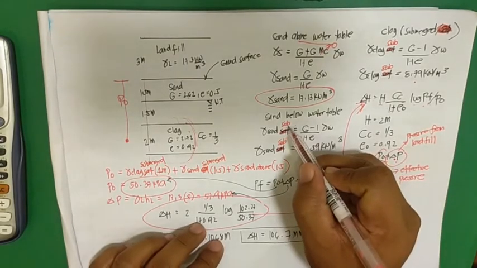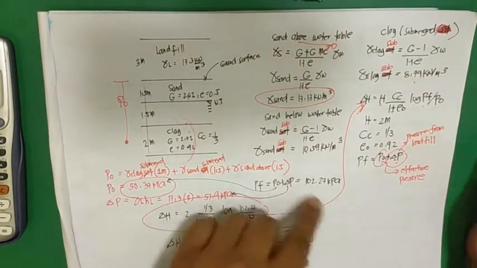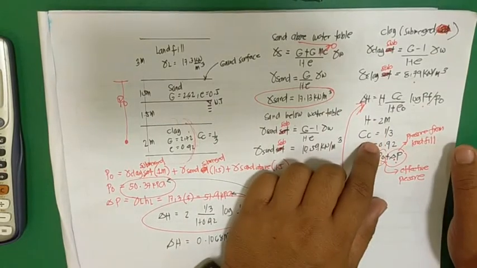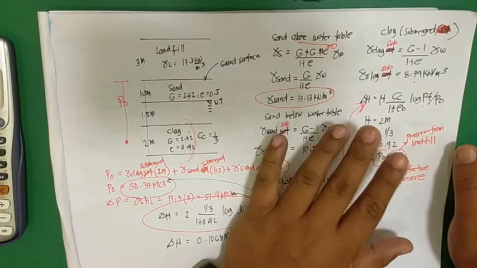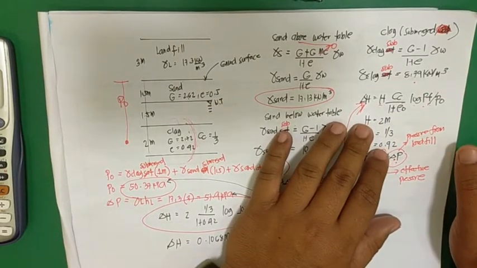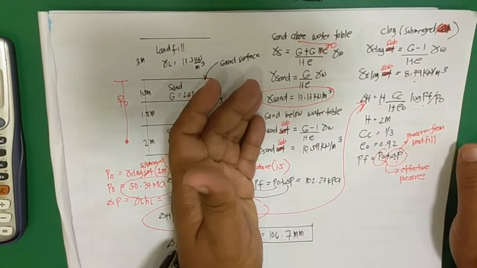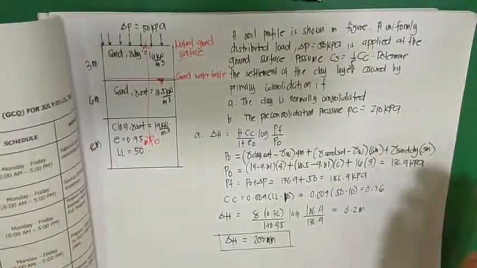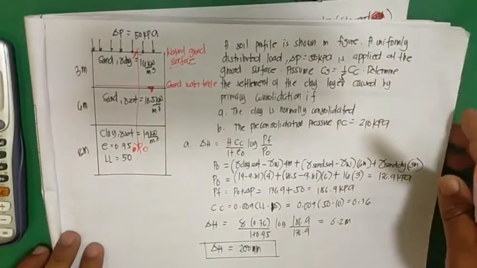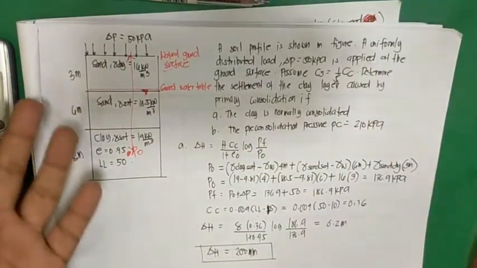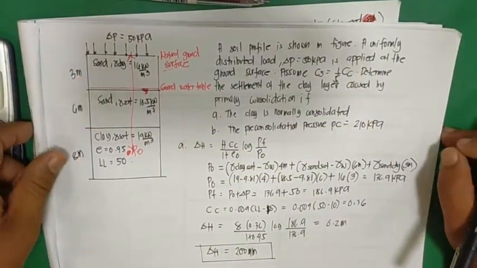This should be submerged. Actually, this is the easiest way. You can use gamma submerged or gamma saturated to compute the effective pressure. Because here in this problem, we did not use submerged. Why did we not use it? Because the given is all saturated.